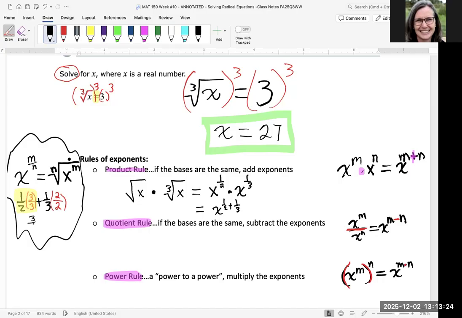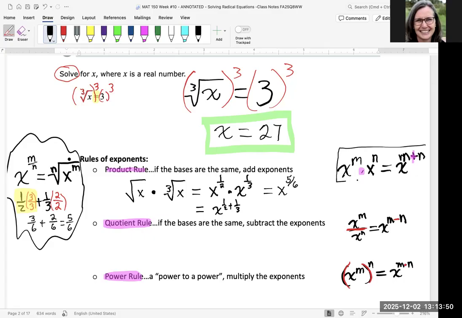So now I have 3/6 plus 1/3 times 2/2. 2/2 is just 1 in disguise. So 1/3 times 2/2 is really the same as 2/6. 3/6 plus 2/6 is 5/6. So my answer here is x to the 5/6 power.